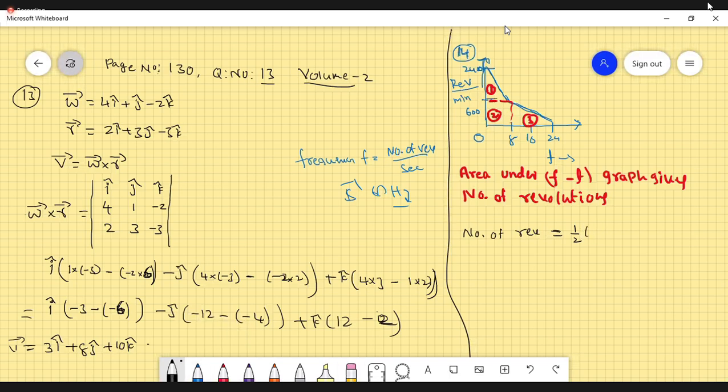Plus second one, that is nothing but the area of the rectangle, that is 600 into 8, 600 minus 0 by 8 minus 0. Plus another one is half into base, how much? 24 minus 8, into height 600.